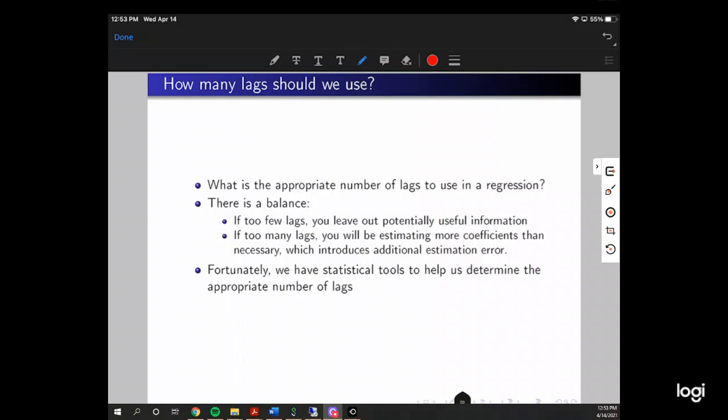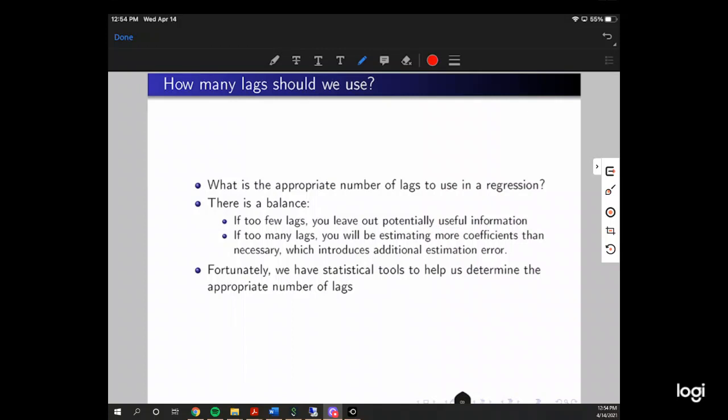How many lags should we use? We've introduced the autoregressive distributed lag model. We've said you can include as many lags as you want, but we've also said that we have to get the optimal number of lags. So of course we need some criteria for figuring out what the optimal number of lags is. There's a balance. If there are too few lags, you leave out potentially useful information.